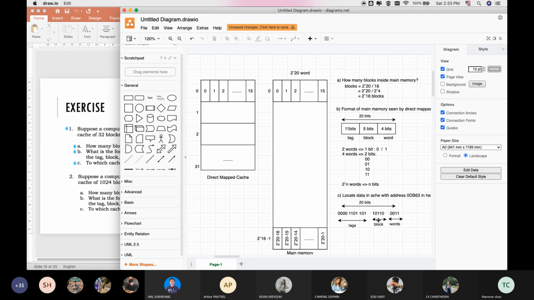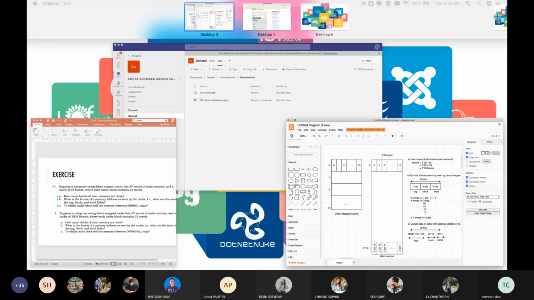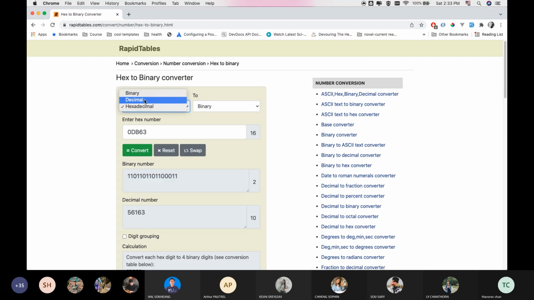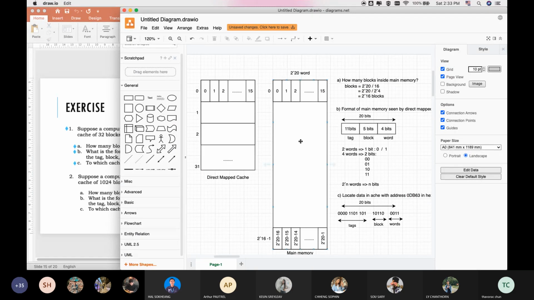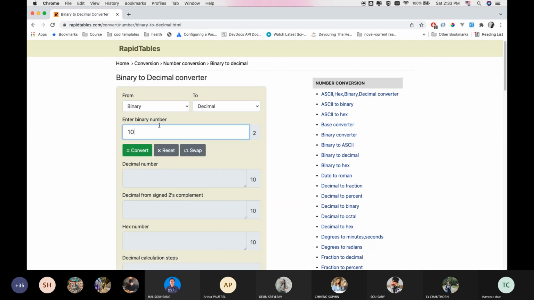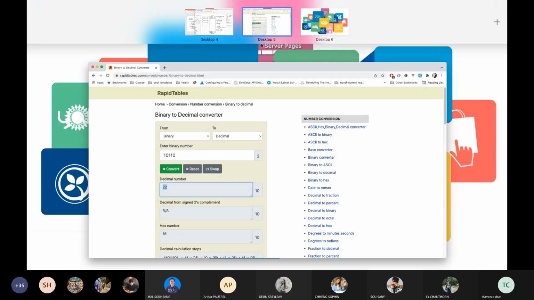And then coming to here, the 10110, you convert into decimal. It is easier to understand. Let's convert binary to decimal. The value is 10110. So convert it. It's equal to 22, right?